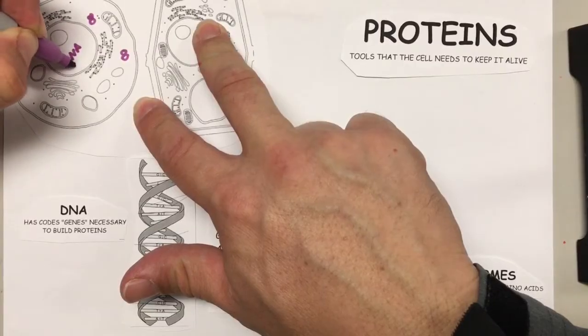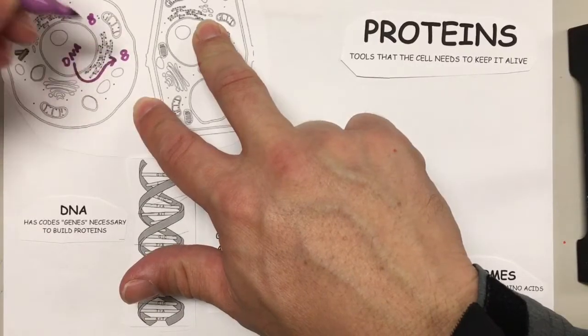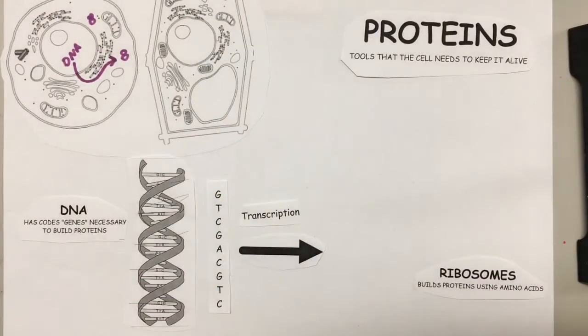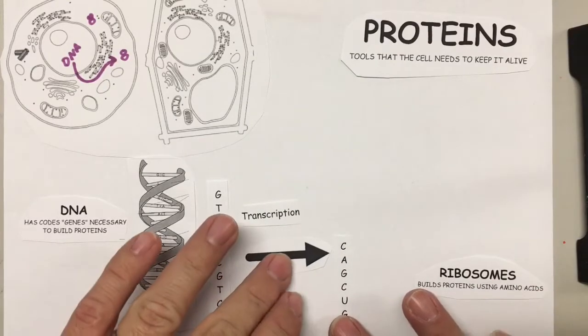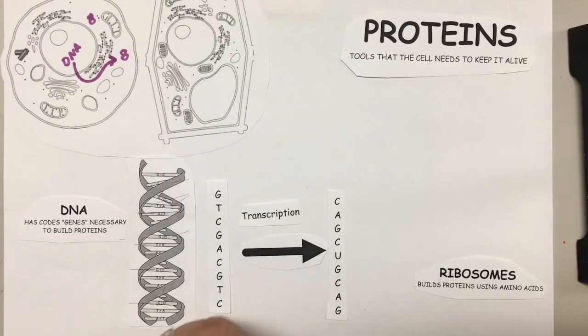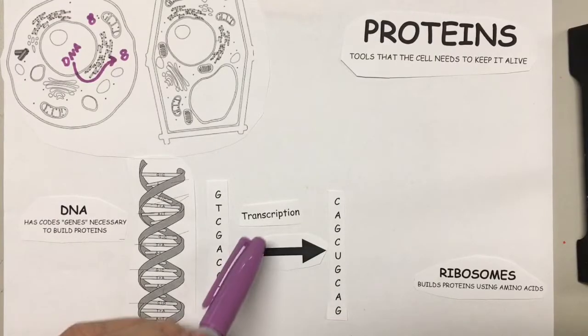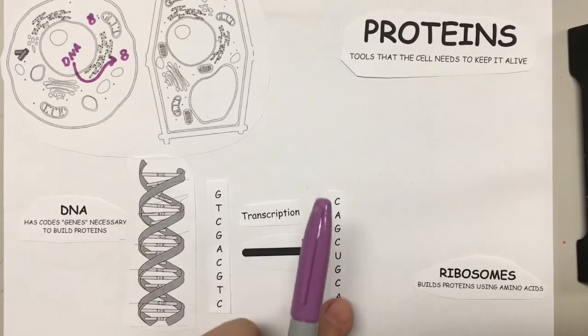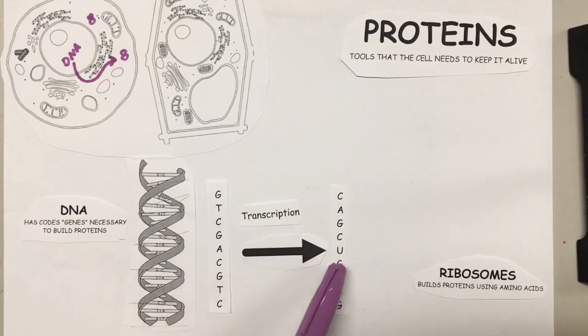So we have to take the information and send it out to the ribosome. That's why we have to take this code, copy it, and turn it into a different version, called mRNA. So during transcription, the gene gets turned into mRNA.